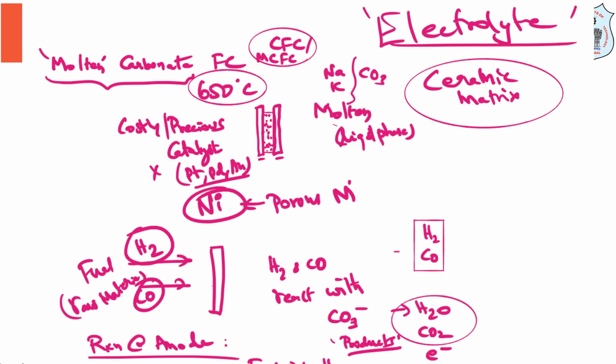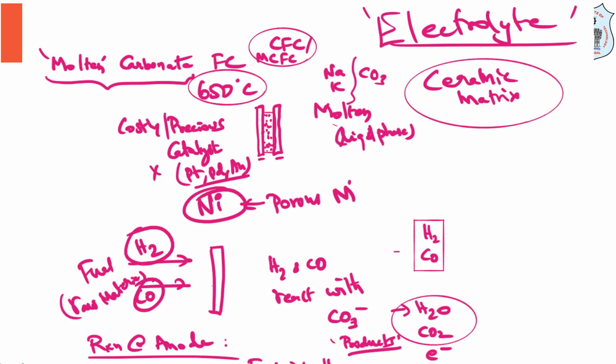This hydrogen and carbon monoxide will react with carbonates to produce water, CO2 and electrons. So that will be the reaction. What is the reaction taking place at the anode? Remember, you can use pure hydrogen also.